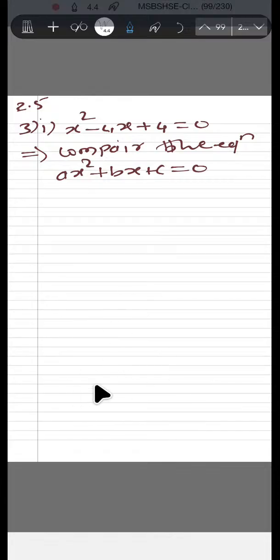So what will happen here? a is equal to 1, b is equal to minus 4, and c is equal to 4. To give that conclusion, what do we have to find out?